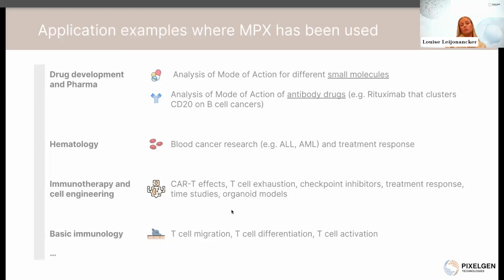And organoid models can be used as well. Also basic immunology, looking at T cell migration, differentiation, and what I showed you here today with T cell activation.